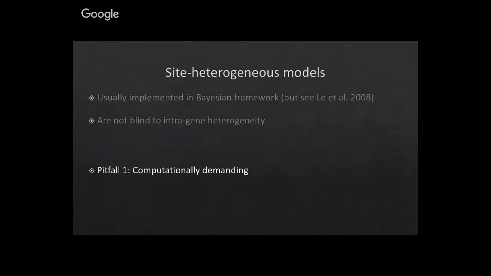One of the pitfalls with these models is that they are very computationally demanding. It's been noted anecdotally in a lot of studies that larger data sets simply will not run to completion. The Bayesian analyses simply won't converge in a reasonable time frame with the CAT models and other site heterogeneous models. Another pitfall, which I would argue applies to site heterogeneous models and the CAT models in particular, is that the performance has not been well characterized in simulation.